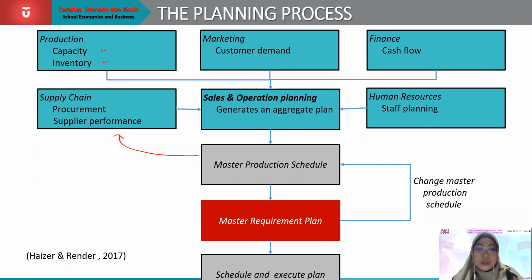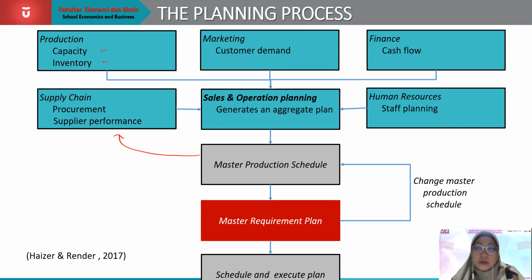And also you need to build an aggregate plan, which we already learned last week. And then in the finance division, you need to ask about the cash flow, because it's very important. When you want to buy some materials, you need money, right? And after you buy the material, you do the production process, and we need to sell our products as fast as we can, so the cash flow keeps going.